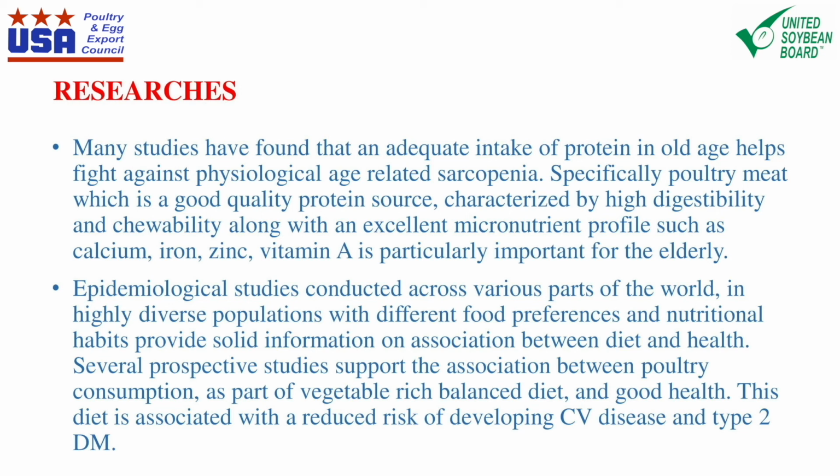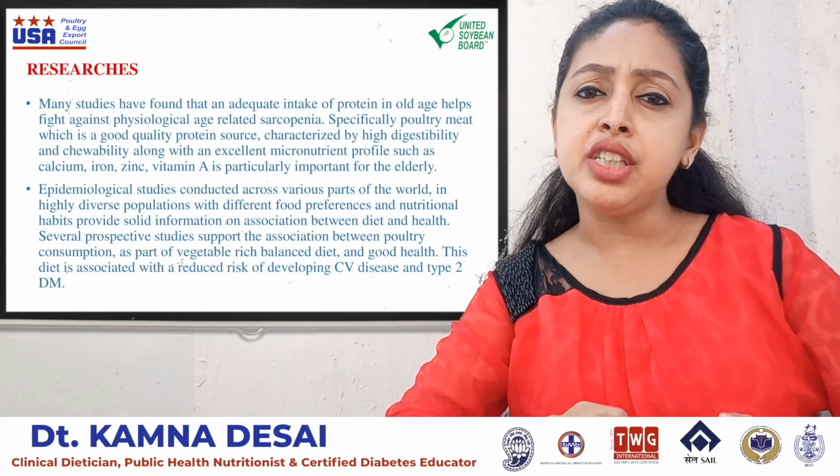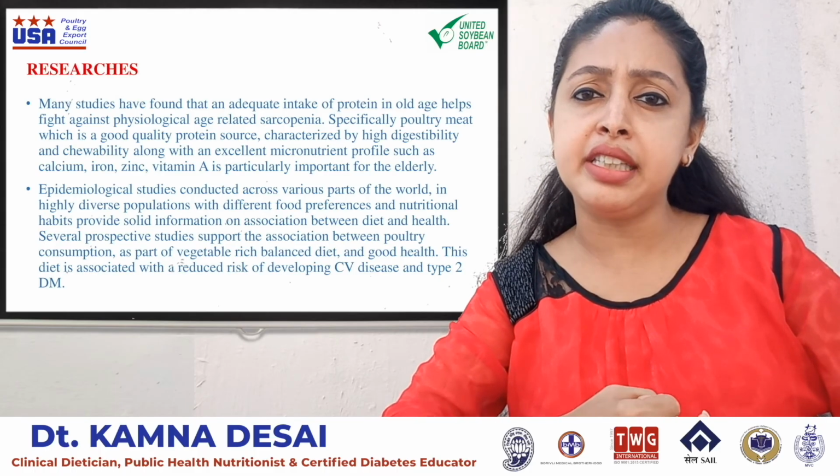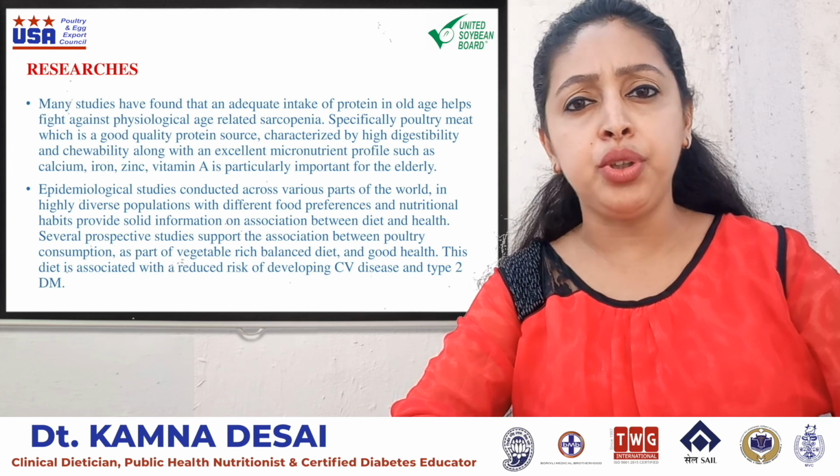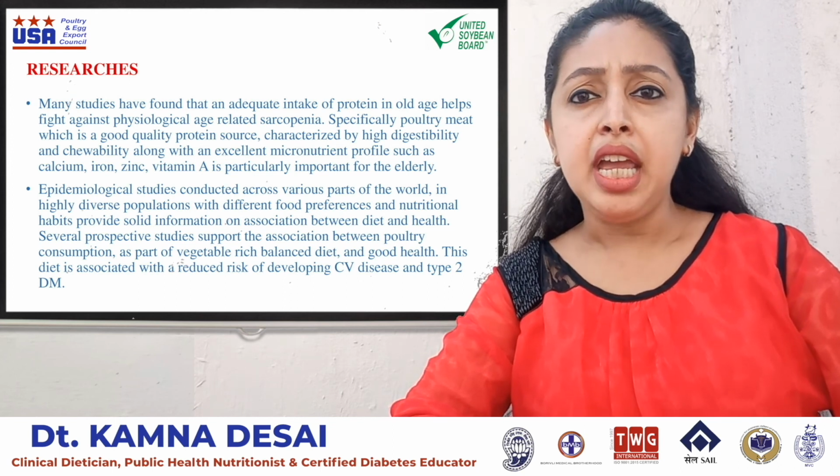Specifically, poultry meat, which is a good quality protein source, characterized by high digestibility and chewability, along with an excellent micronutrient portfolio such as calcium, iron, zinc, and vitamin A, is particularly important for the elderly population.